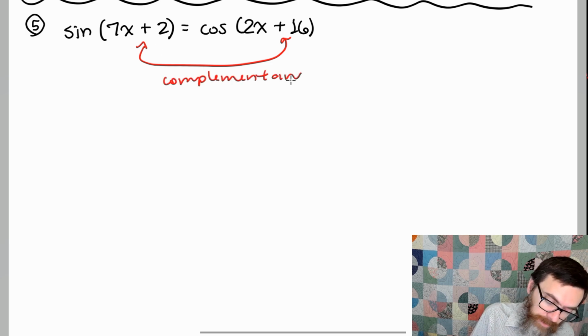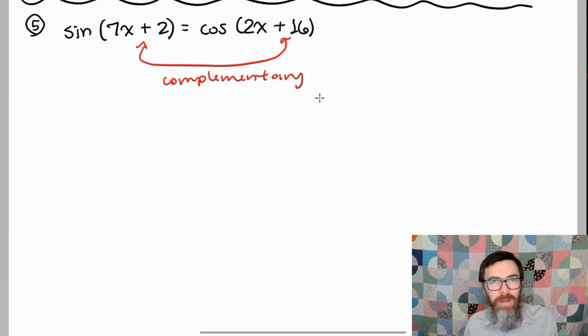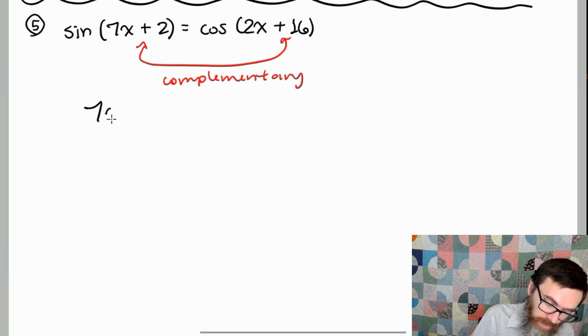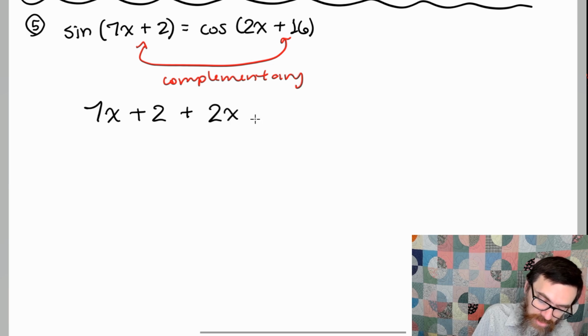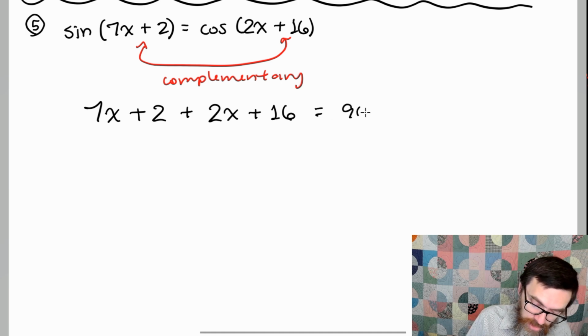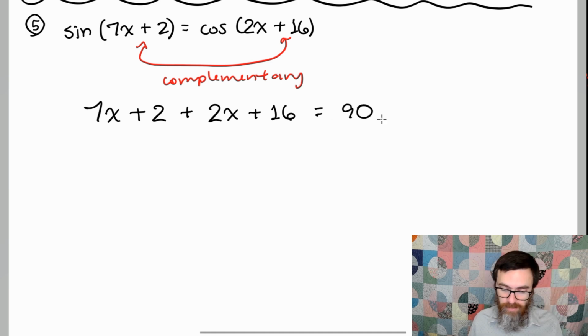And what does it mean to be complementary? It means that if you add them together, you get 90 degrees. So that's the equation that we set up. We simply say that 7x plus 2 plus the other angle measure, 2x plus 16, is equal to 90.